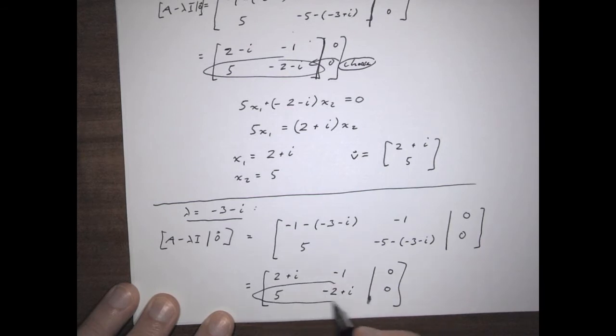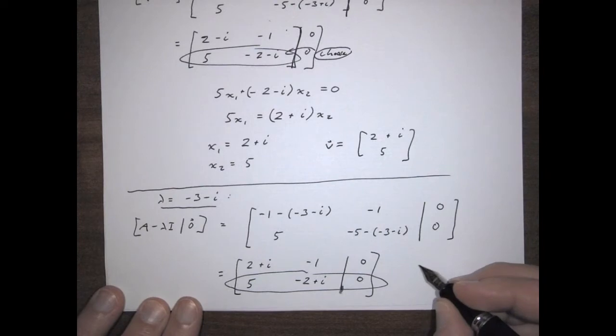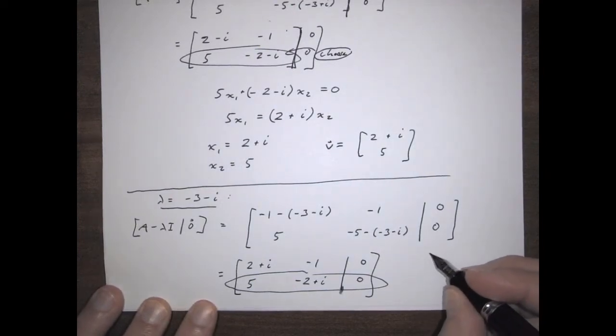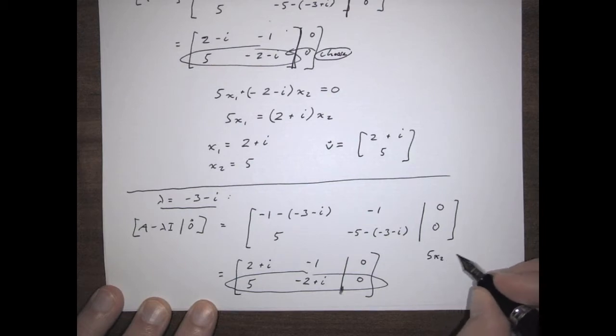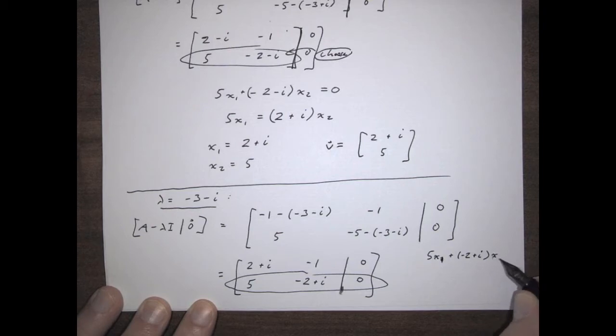And if I, again, just choose the second one, just because I think that's the default that your book opts for, we could just as easily choose the first one if we wanted. That's going to mean 5 times x2 plus -2 plus i, sorry, 5 times x1 plus (-2 plus i) times x2 equals 0.